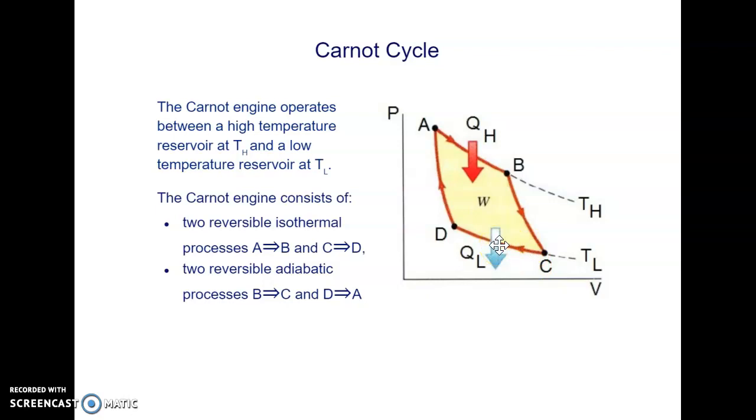You could compute the total amount of work done by this, and he found mathematically that this causes the most amount of work to be done by a cycle. So when you hear Carnot cycle, just think, oh, that's the theoretically most efficient cycle or heat engine that's possible.